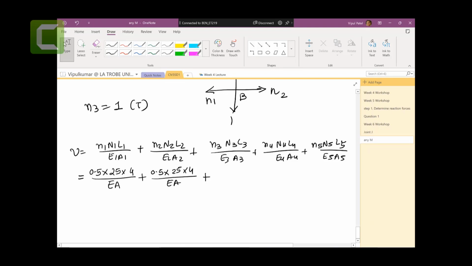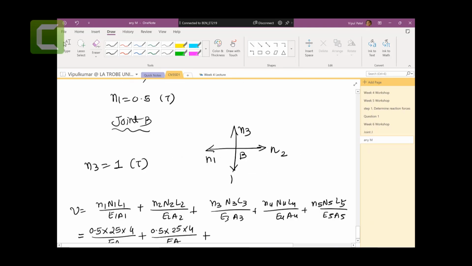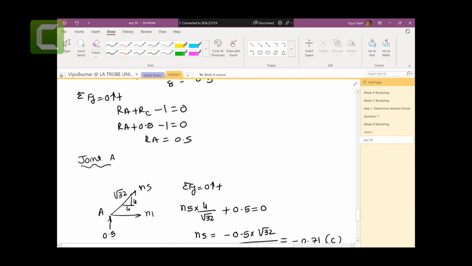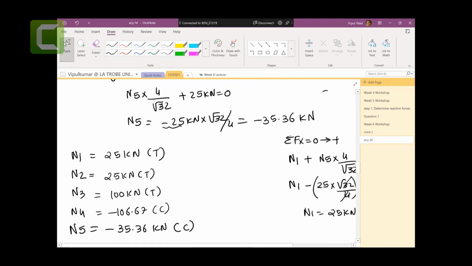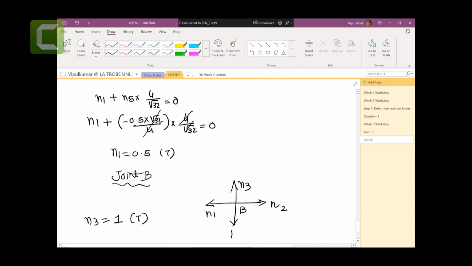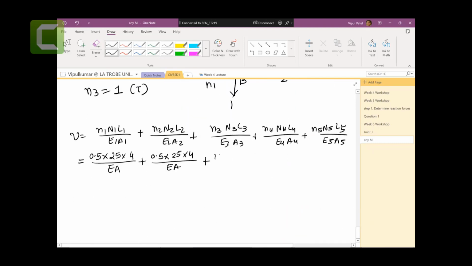Here it's the same, so I keep it consistent. Now small n3 is 1, capital N3 is 100. 1 times 100, and the third member is 4 again, over EA.